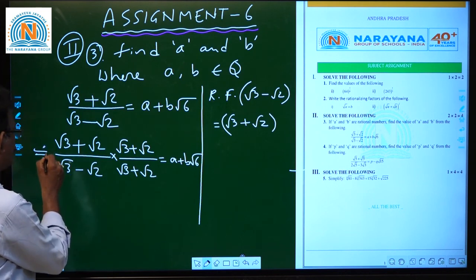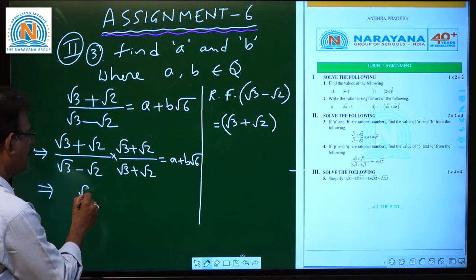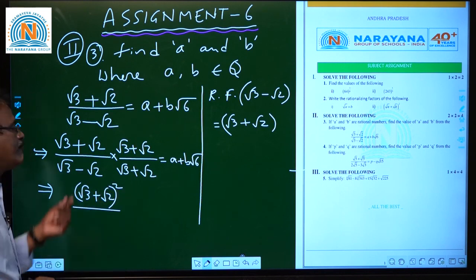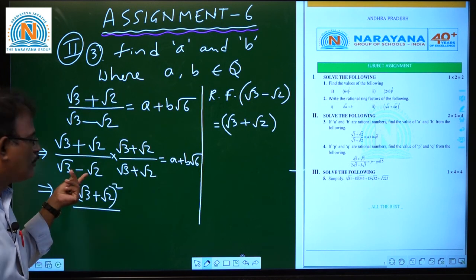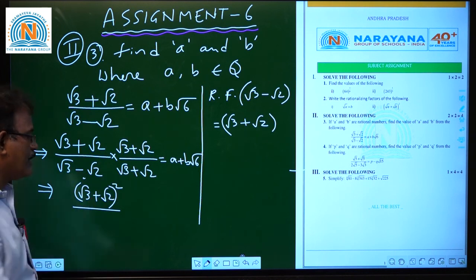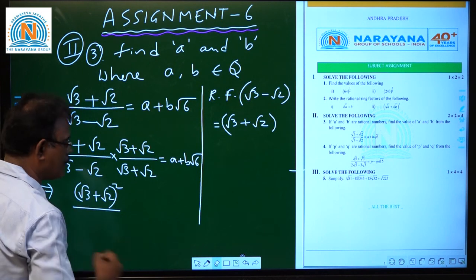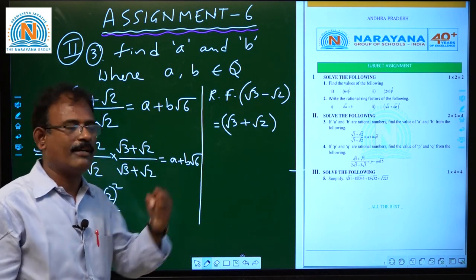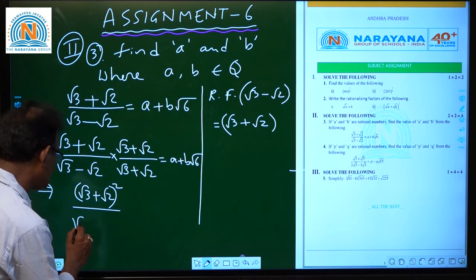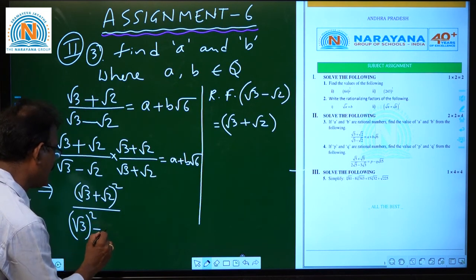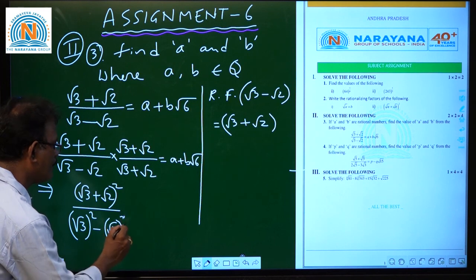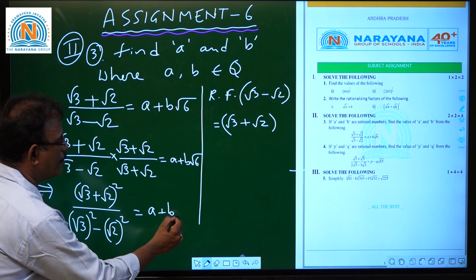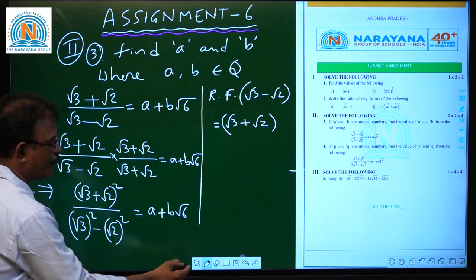So we can say (root 3 plus root 2) whole square. And if you observe the denominator, it is in the form of (a minus b) and (a plus b), which gives a square minus b square, is equal to a plus b root 6.